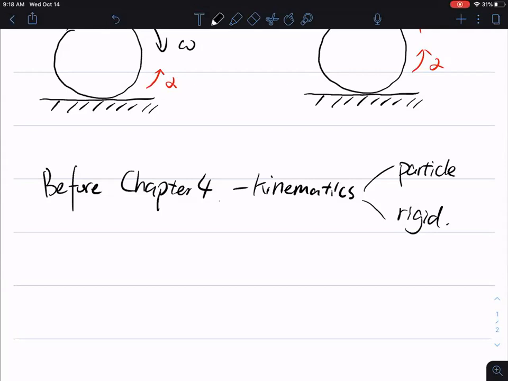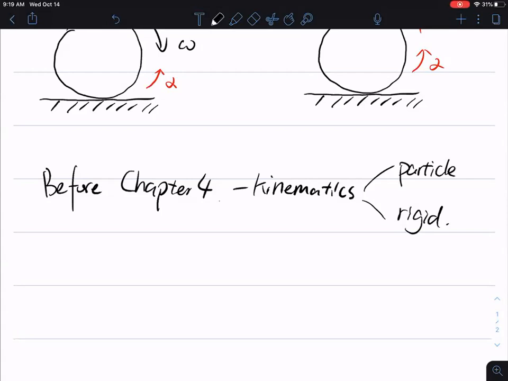The word I want to hear is there's no rotation. A rigid body can rotate. It can do pure translating, and it can also rotate. But a single particle only has linear motion, there's no rotation. Instant center is only useful when we have rotation. That's why only a rigid body can have instant centers, but a particle doesn't.